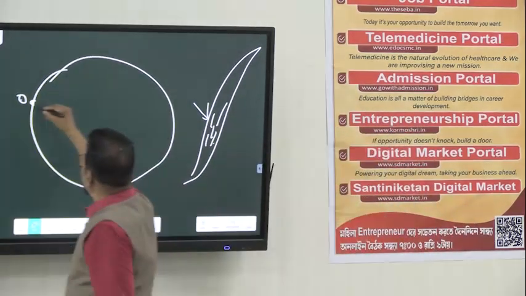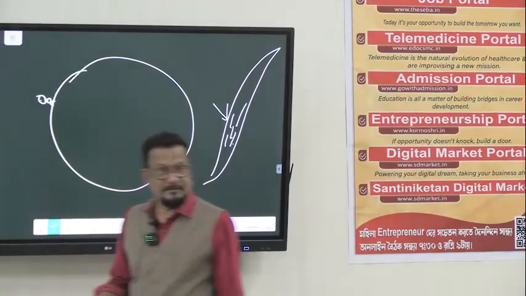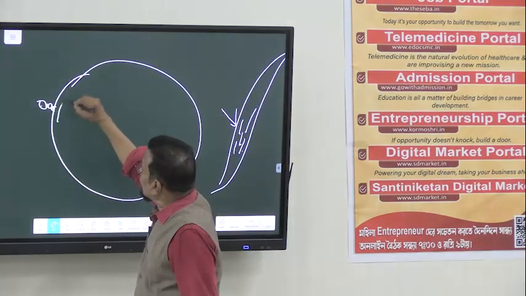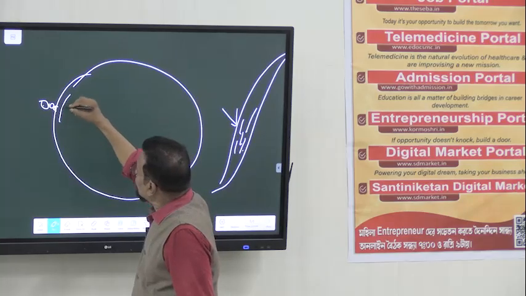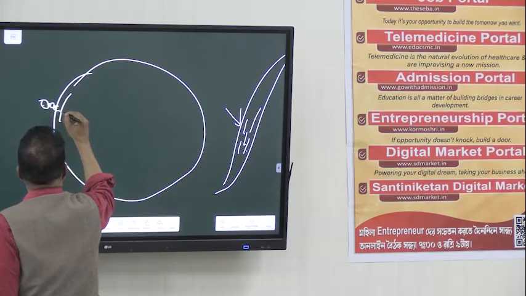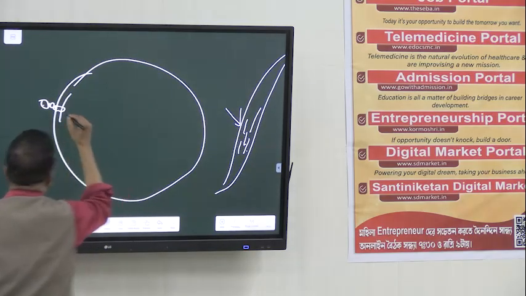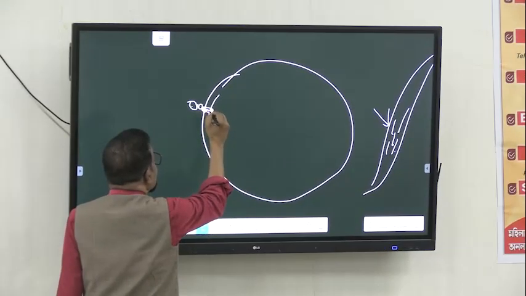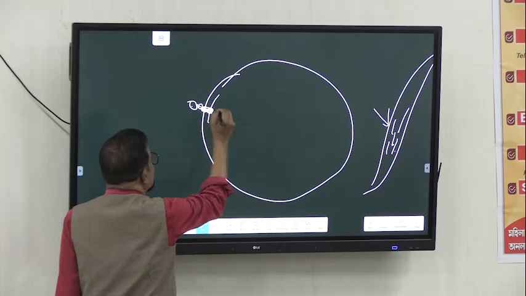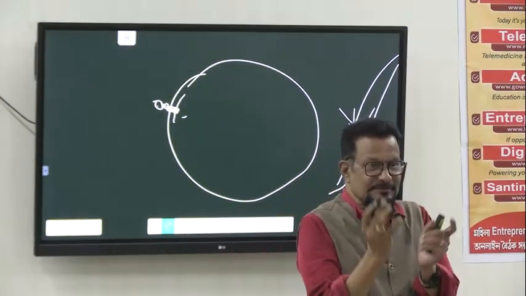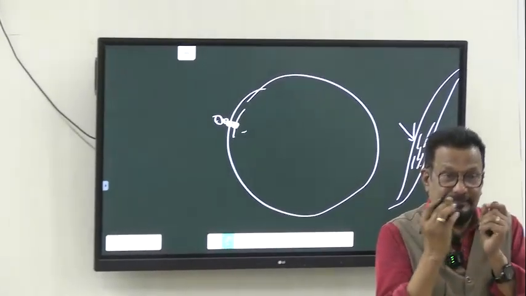So this will bind with these receptors, and these receptors on the other end... this is the receptor, here is the binding site, and here is the catalytic site. When it binds with this, immediately there are some changes on the catalytic site, and these enzymes get stimulated.